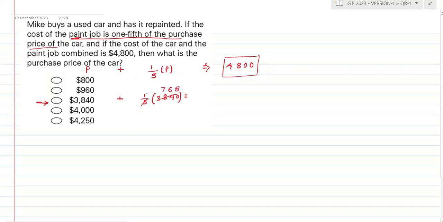If I add it together, will I get 4,800? I will not get my target, right? Now how much will you get as the value? 3,840 plus 768, how much will you get?